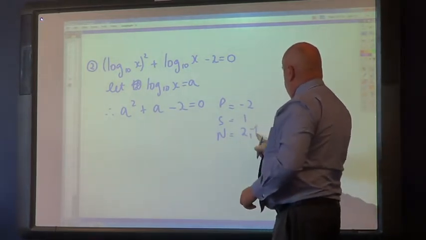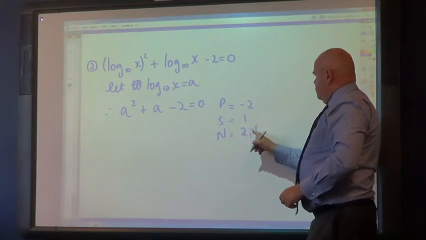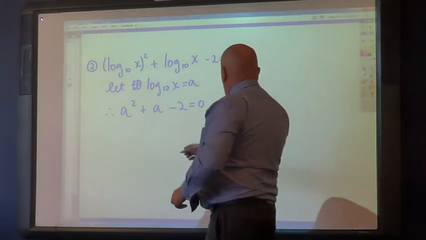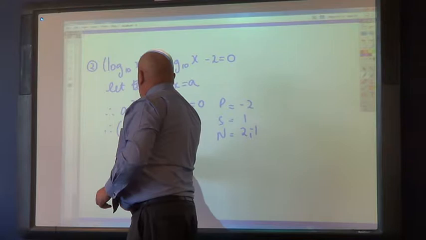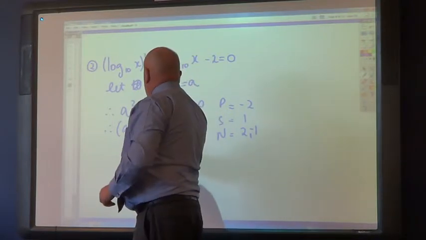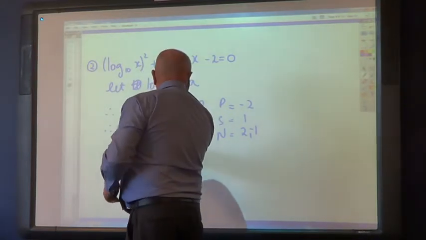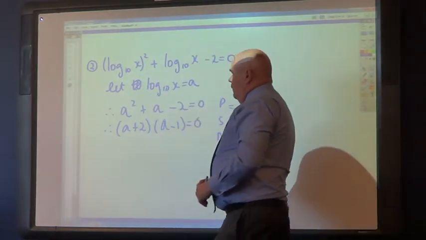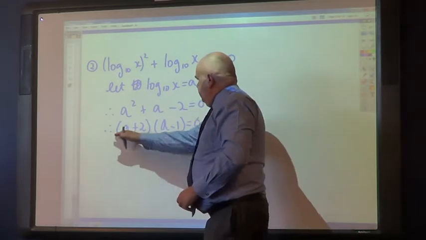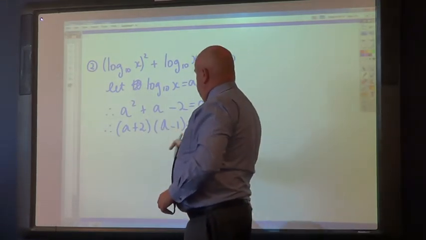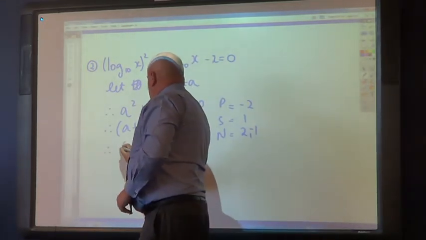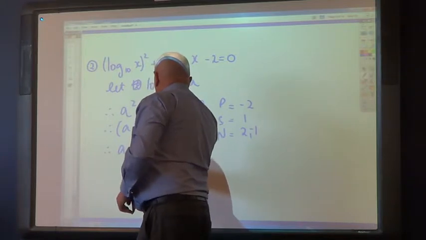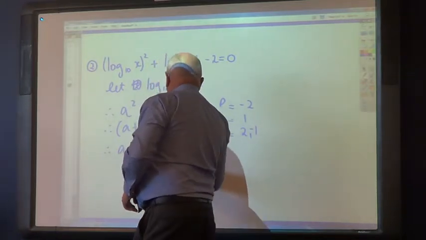So that times that equals that, and that plus that equals that. Therefore a plus 2 times a minus 1 equals 0. The null factor theorem is telling us that either that equals 0 or that equals 0. Therefore, a equals negative 2 or a equals 1.